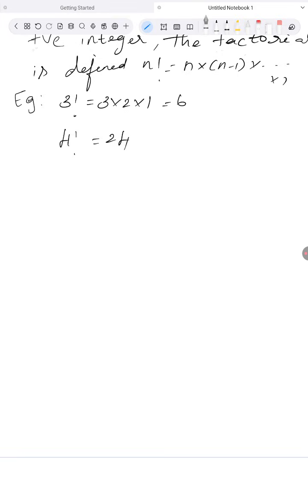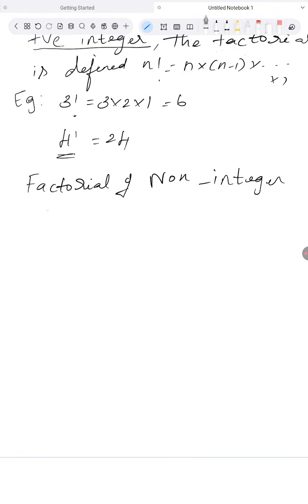This is for a positive integer; we can have the factorial of any positive integer.